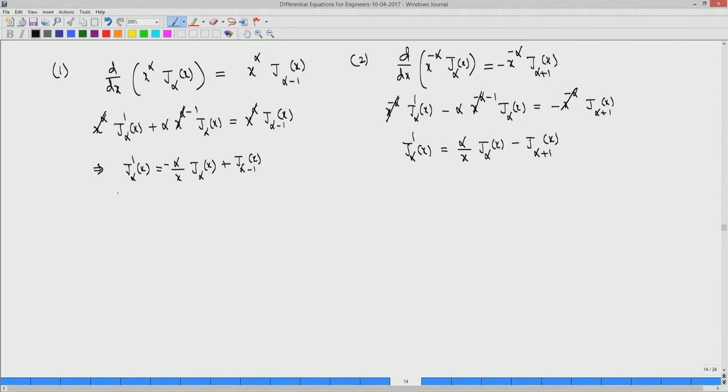So, these are the properties of these Bessel functions, which we call 1 and 2.